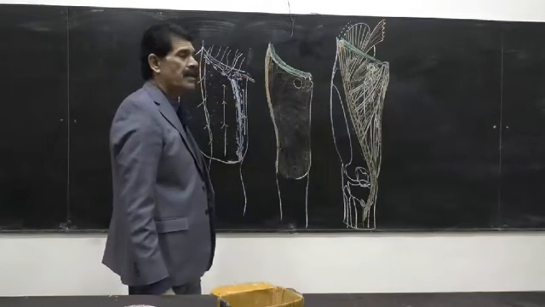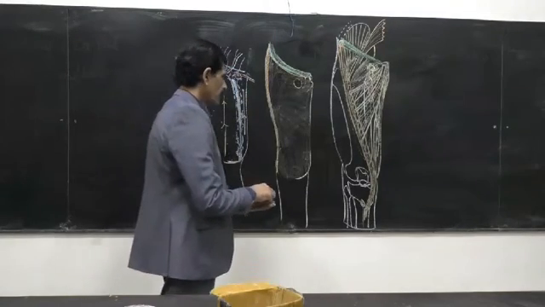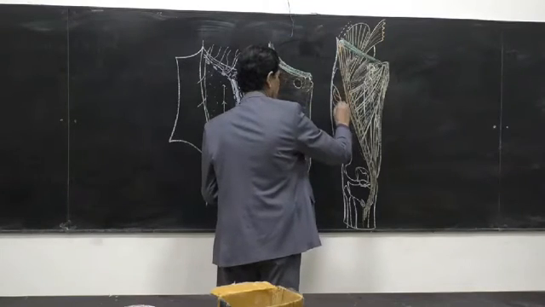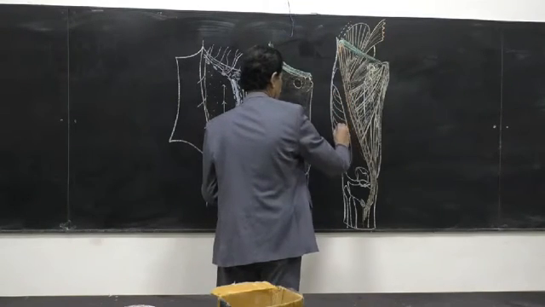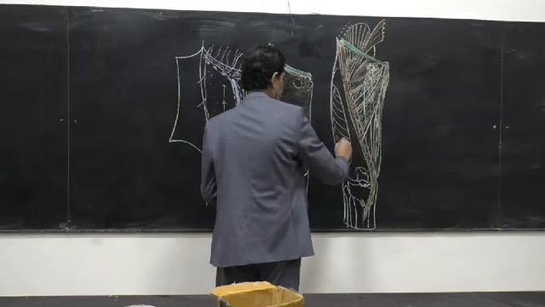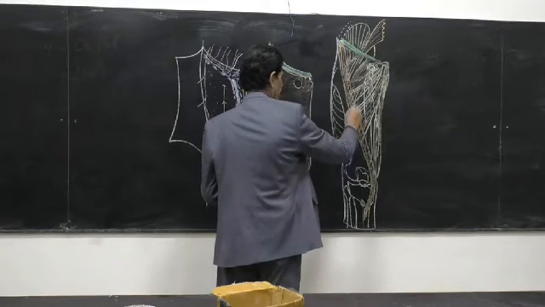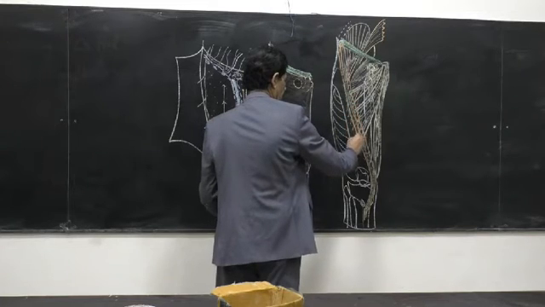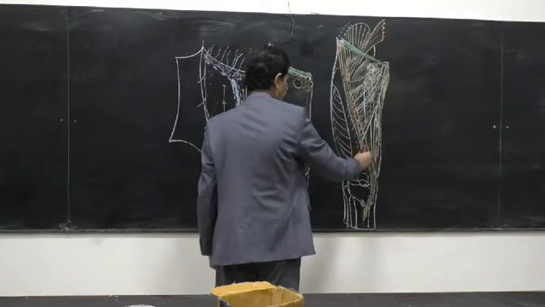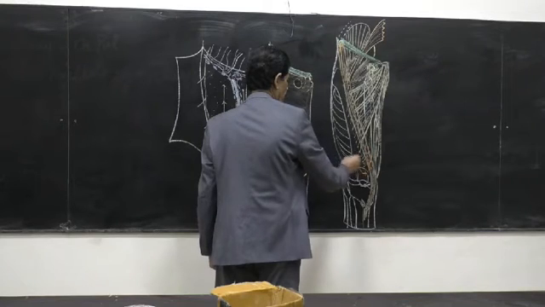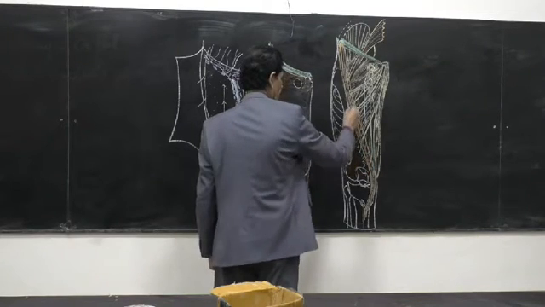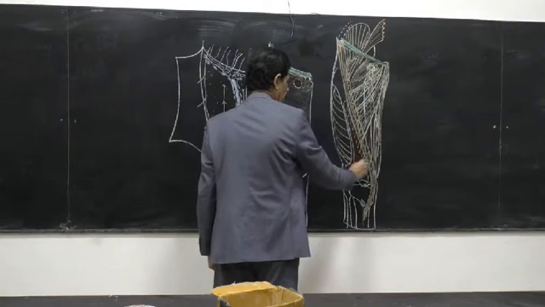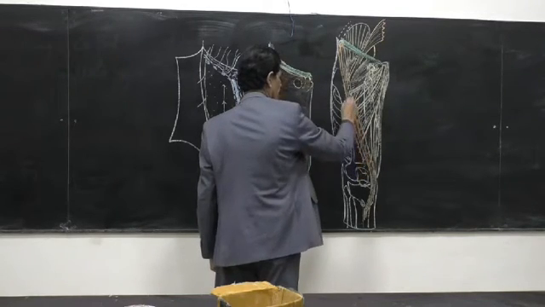Then there was the quadriceps femoris muscle. This muscle takes origin from four parts. The lateral part is called vastus lateralis, taking origin from the linea aspera posterior border. Then medially comes vastus medialis, which also takes origin from the posterior border or linea aspera of the femur. Then the anterior surface of the femur gives the origin of the vastus intermedius.